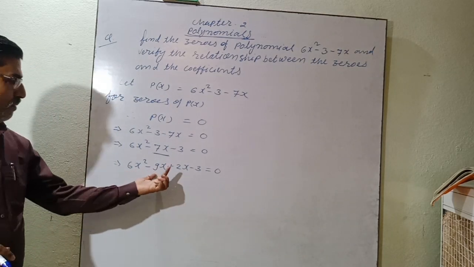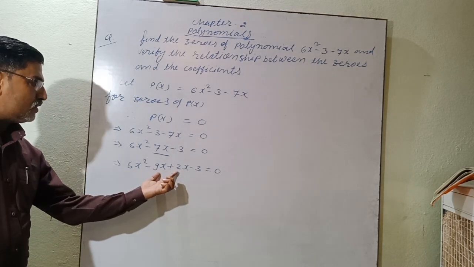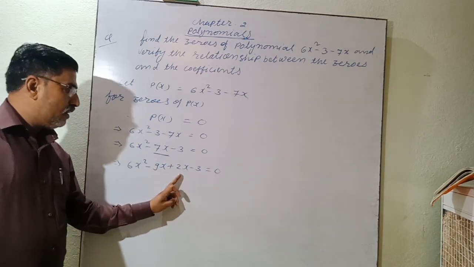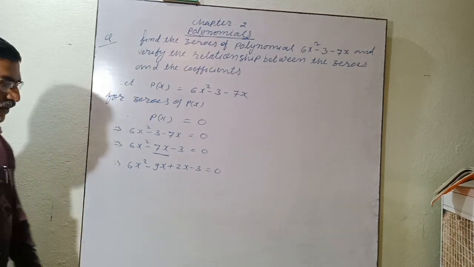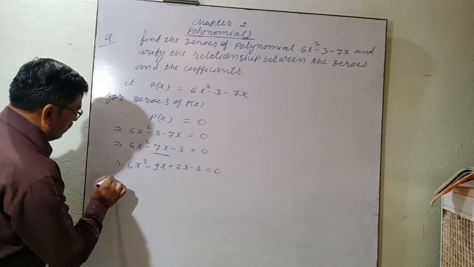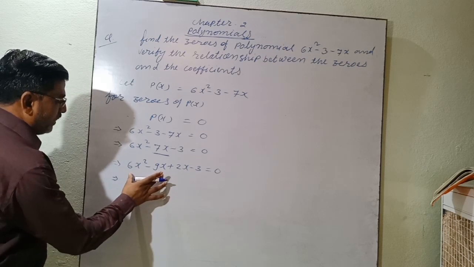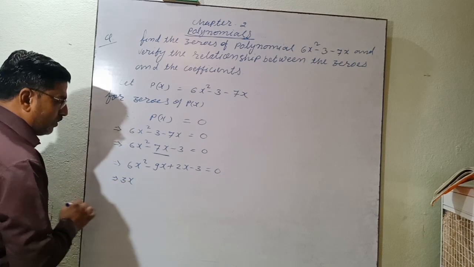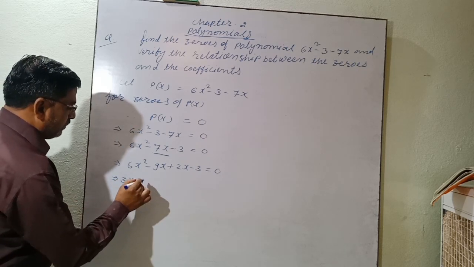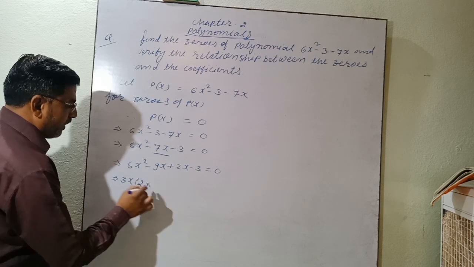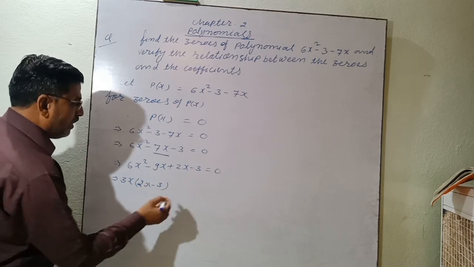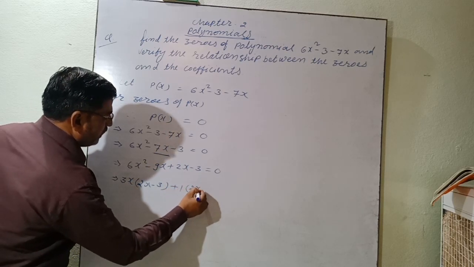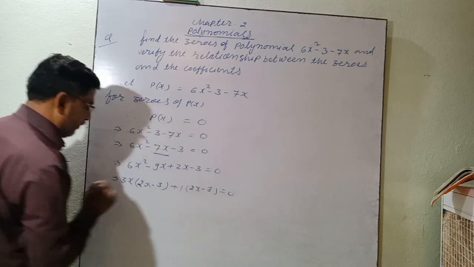Look at this, minus 9x plus 2x, that means minus 7, and multiply minus 9 into 2 is minus 18. So taking common from the first two terms, and you know very well 3x is common, so 3x into (2x minus 3), and in the other two terms 1 is common, then (2x minus 3) equal to 0.